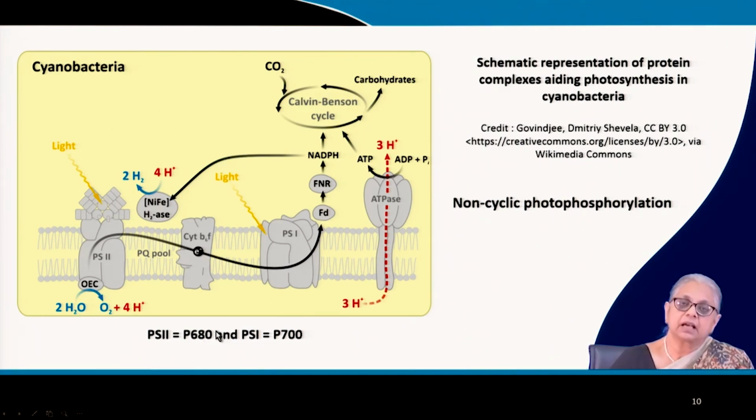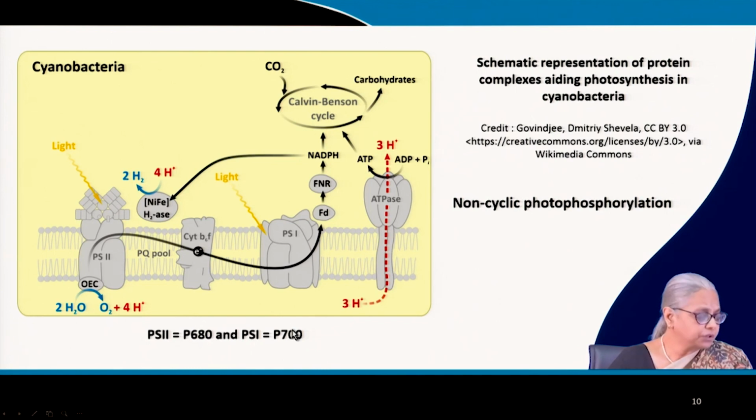The 680 stands for the wavelength of light that is utilized by photosystem 2, and the electrons in this are bumped up to a higher energy level from where they enter the electron transport chain, which you see over here in the graphic, and they are transferred from P680 to P700, which is photosystem 1.